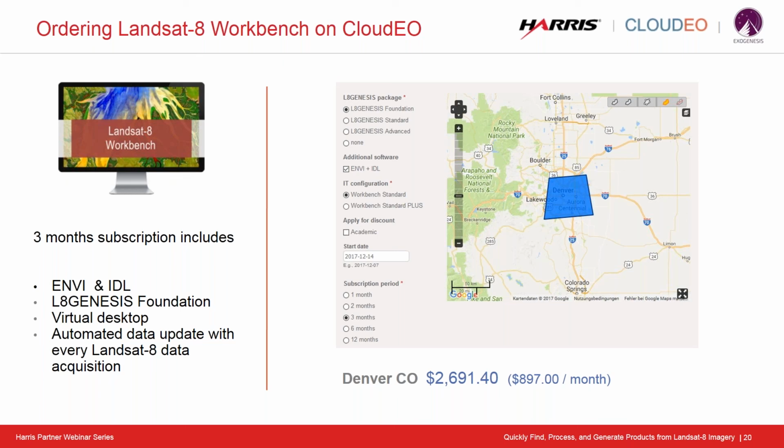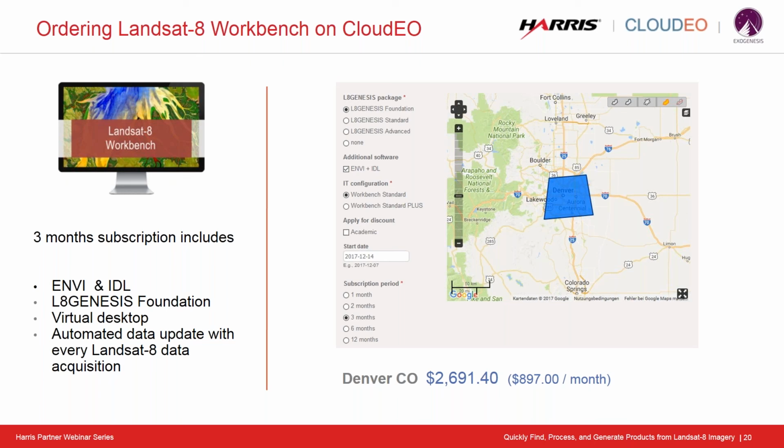Our interactive map allows you to choose your area of interest by simply drawing a polygon on the map. It is also possible to save that area of interest on your profile and then use it again later on the store. In this specific example, we chose Denver as our area of interest and the L8Genesis Foundation package, which Tim already explained.